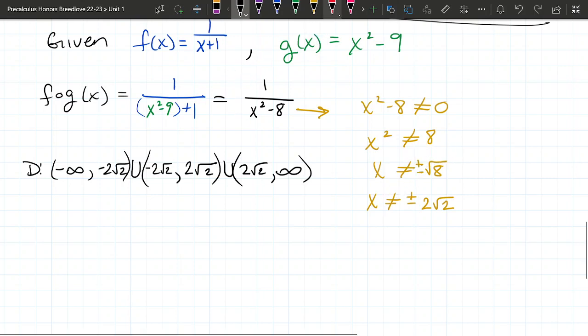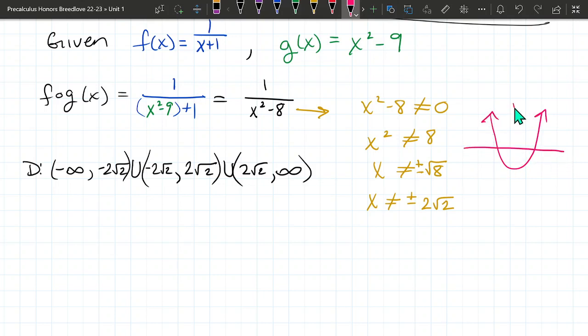So a super rough sketch real quick of a parabola in the coordinate plane, just to do a quick explanation here on the domain restrictions. So if it looked like this, it's saying there's a restriction at negative 2 square root 2 and positive 2 square root 2. So wherever that is, we'll just put it right there.